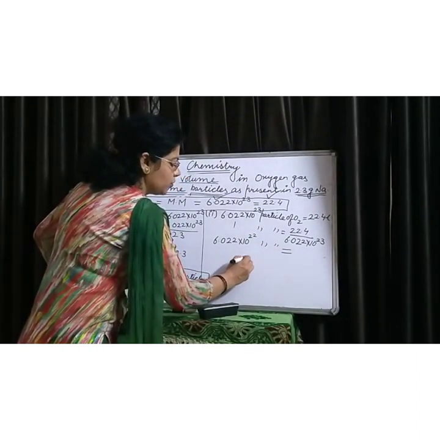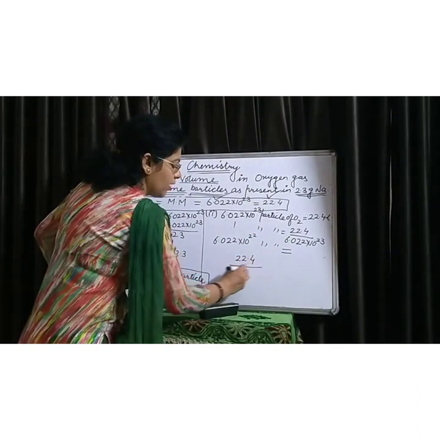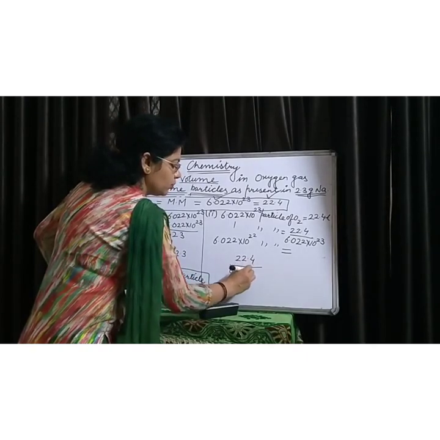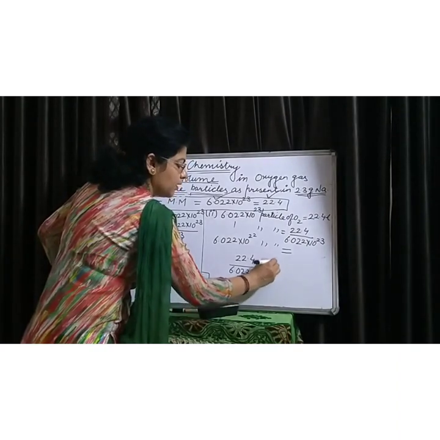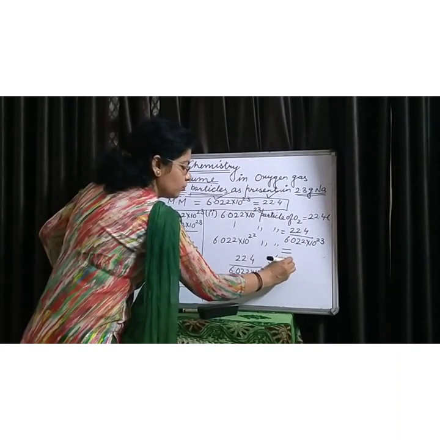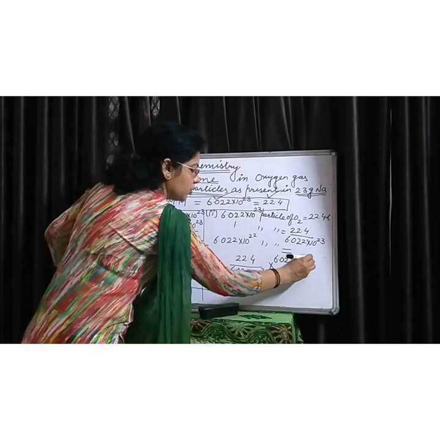It comes out to be 22.4 divided by 6.022 × 10^23 multiplied by 6.022 × 10^22.